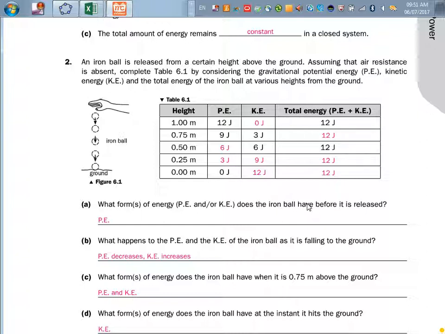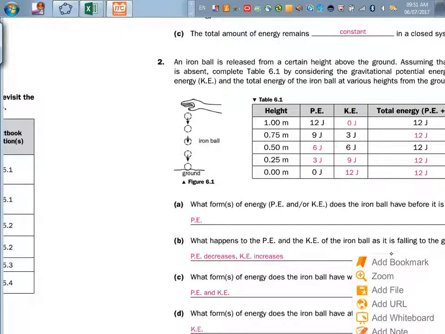You compare that to throwing a ball upwards. The ball goes up and up and up. When it reaches the highest point, what happens to the speed? What happens to the speed of the ball when it reaches the highest point, when you throw it up? 0. Okay, this is the difference between the ball being thrown upwards.